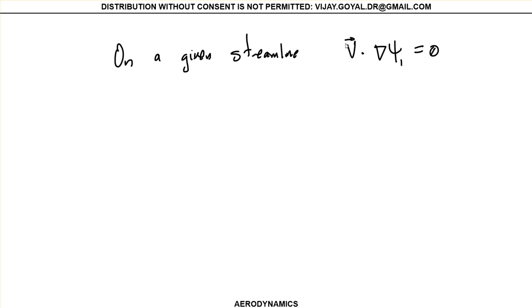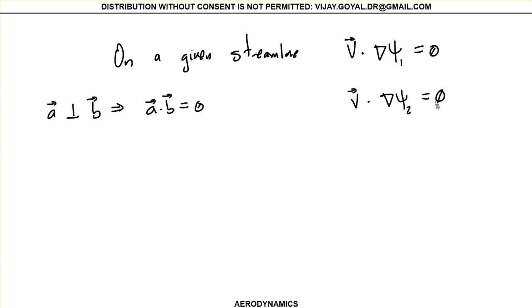Remember the dot product: if I have a vector A that's perpendicular to vector B, then the dot product of A with B is going to give me a 0 scalar by definition. Since these two are perpendicular, and the same thing is true here, I can show that this is going to give me 0.